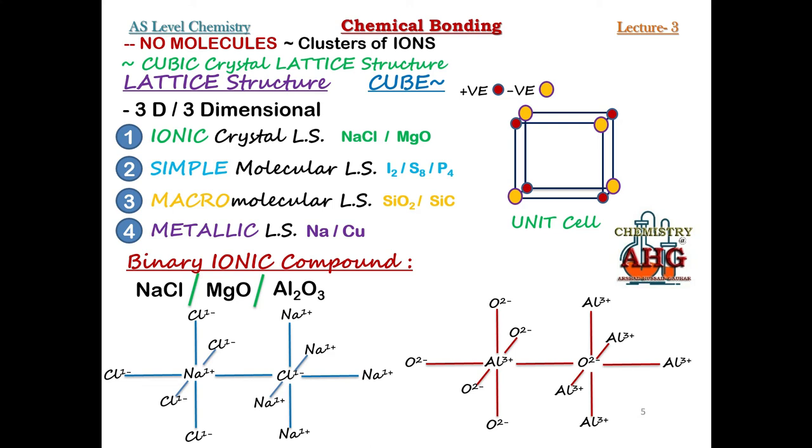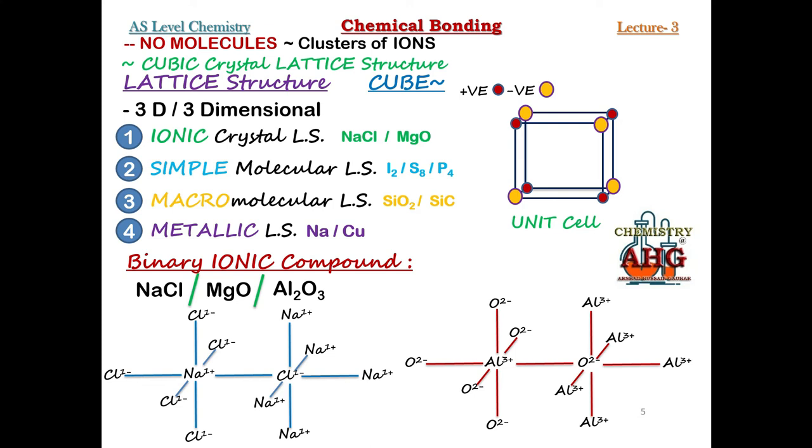Now you can ask, what about the unit cell? In the unit cell you cannot see the coordination number 6, and what if someone is interested in drawing that cube as a structure in the exam? Okay, no problem, you can draw that unit cell in the exam as an answer to the cubic crystal lattice structure, even that is acceptable. But what you must do after drawing this unit cell in front of you is look at any one corner.